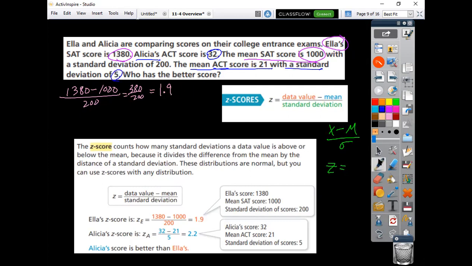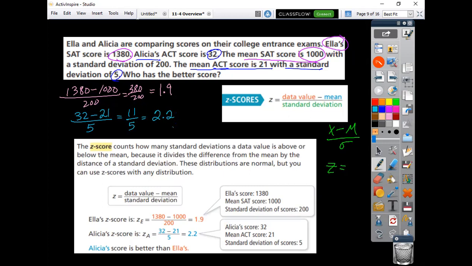So let's see how those work out. So her 32 minus the mean or average was a 21. So she did 11 points better than the average, but then what's one standard deviation there is a 5. And so if you divide by the 5 here, that's a 2.2.